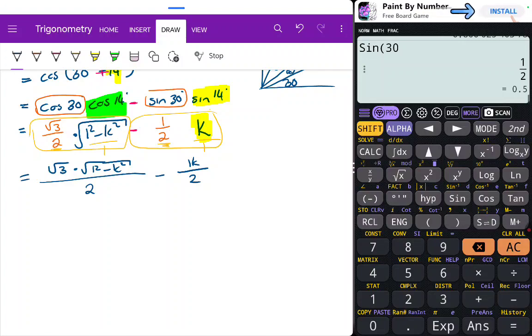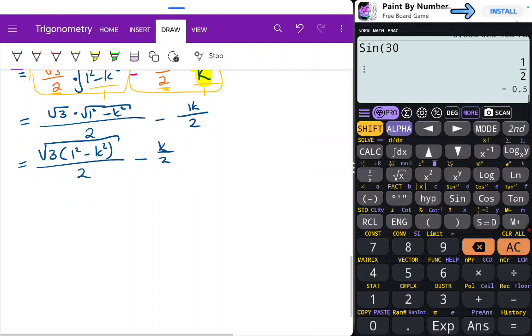What's happening over here? Just to clarify, this is not 12. This is 1 to the power of 2. What happens on our first term? Because it's square root, everything goes under the same root. So what happens is you have square root 3 times 1 squared minus k squared over 2, minus k over 2.